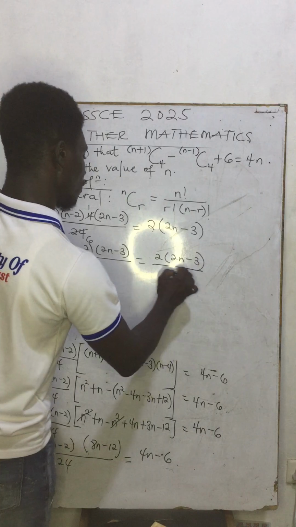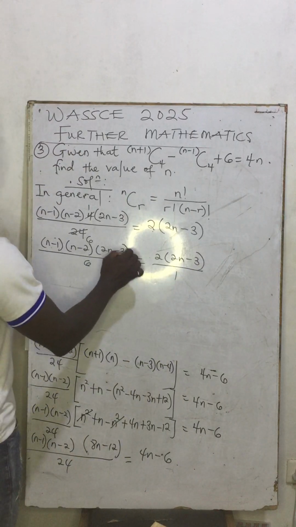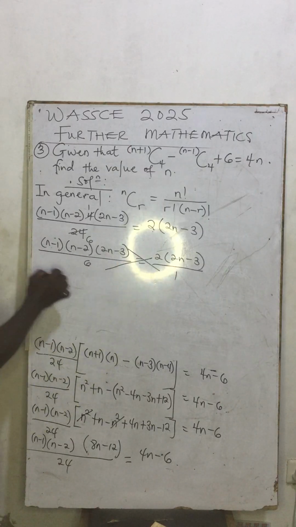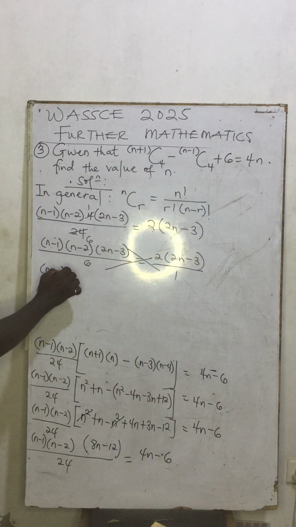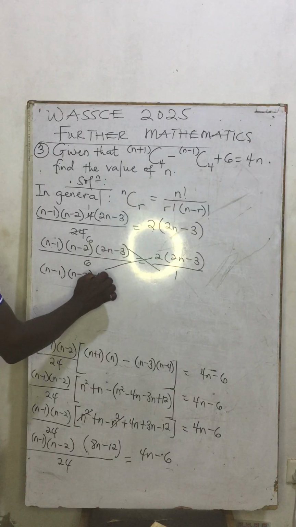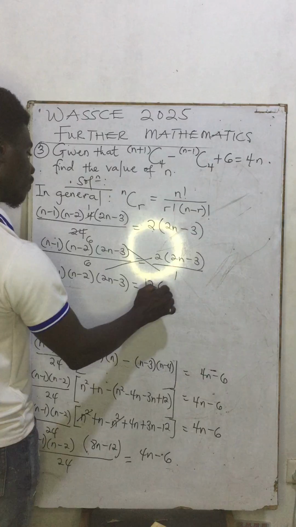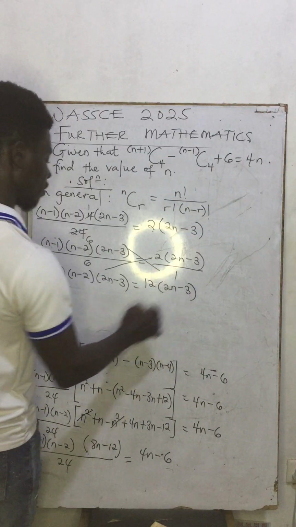Now this is out of 1. We can cross multiply here. So the whole expression times 1 is the same thing as that. So we have this 2n minus 3 is equal to 6 times 2 is just 12, and 2n minus 3.